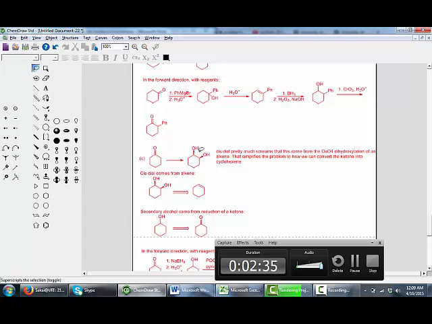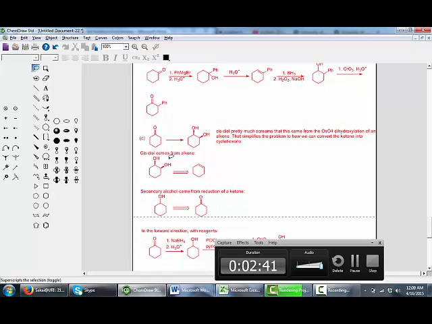This pretty much screams OsO4 dihydroxylation of an alkene, which now makes this a relatively simple problem, okay? This guy has to come from cyclohexene, and cyclohexene itself, again, can't come directly from cyclohexanone because I can't go ketone to alkene or alkene to ketone, but I can always do ketone to alcohol to alkene, and also the reverse, alkene to alcohol to ketone.